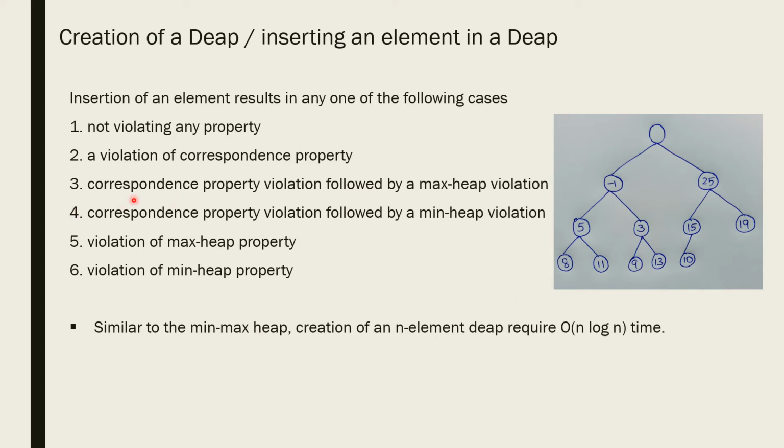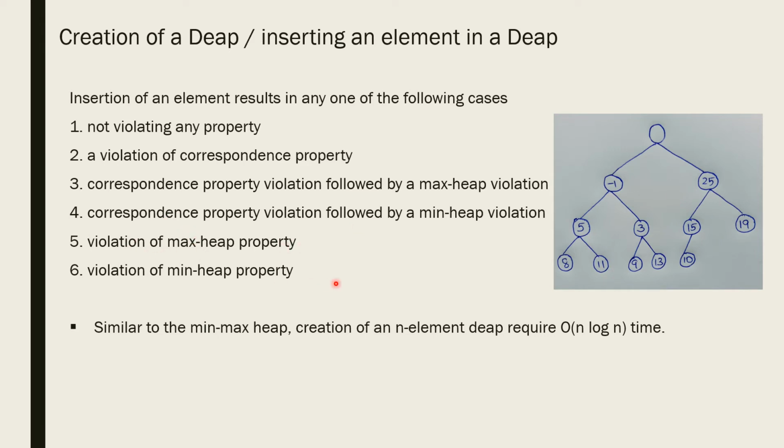If a correspondence property violation is created and we just swap, that may result in a max-heap violation. So in this case it will be a correspondence property violation followed by a min-heap violation. That's because if we add some other element over here, it may violate the min-heap property, or the max-heap property.